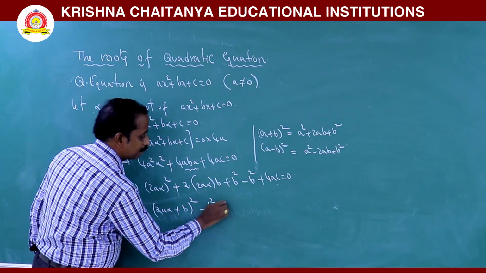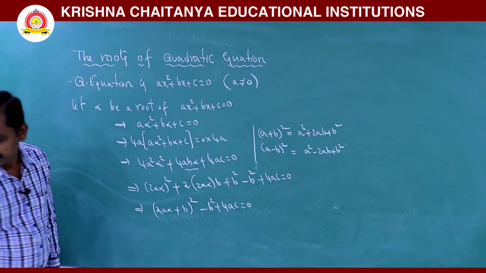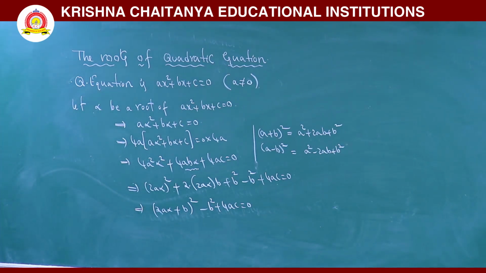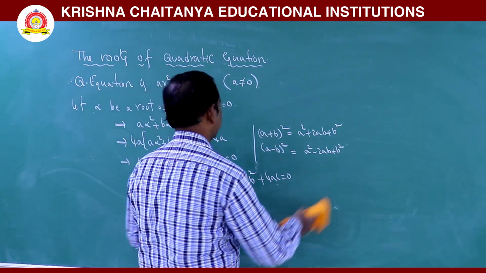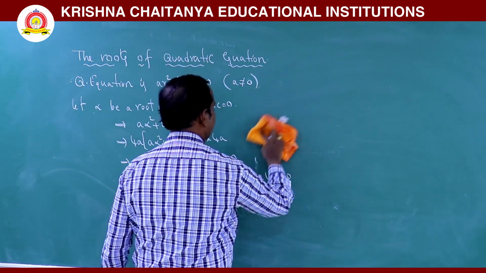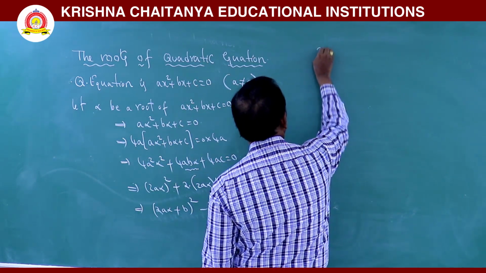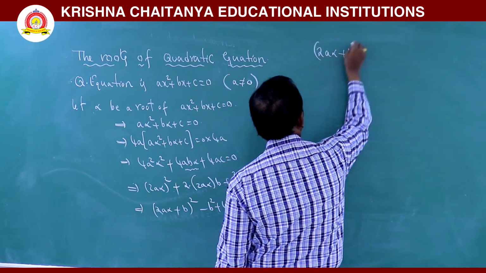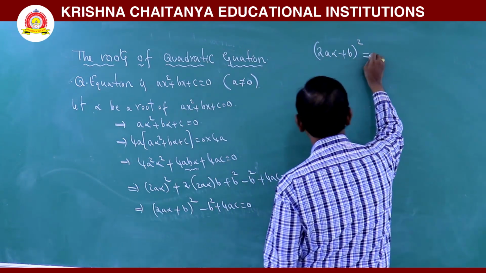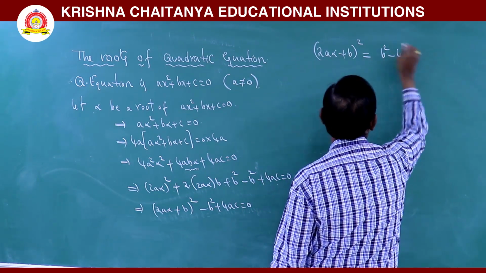Minus b square plus 4ac is equal to 0. Now minus b square and plus 4ac taken into the RHS, and remaining in the LHS it is nothing but (2a alpha plus b) whole square is equal to b square minus 4ac.